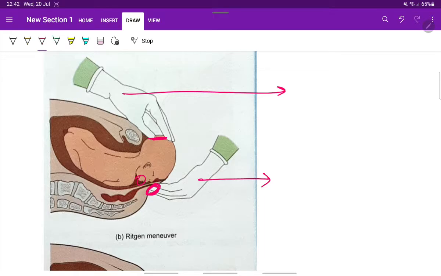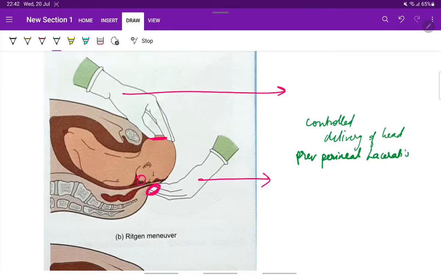Performing this maneuver helps in controlled delivery of the head and preventing any perineal lacerations. This is the modified Ritgen maneuver for the delivery of the fetal head.